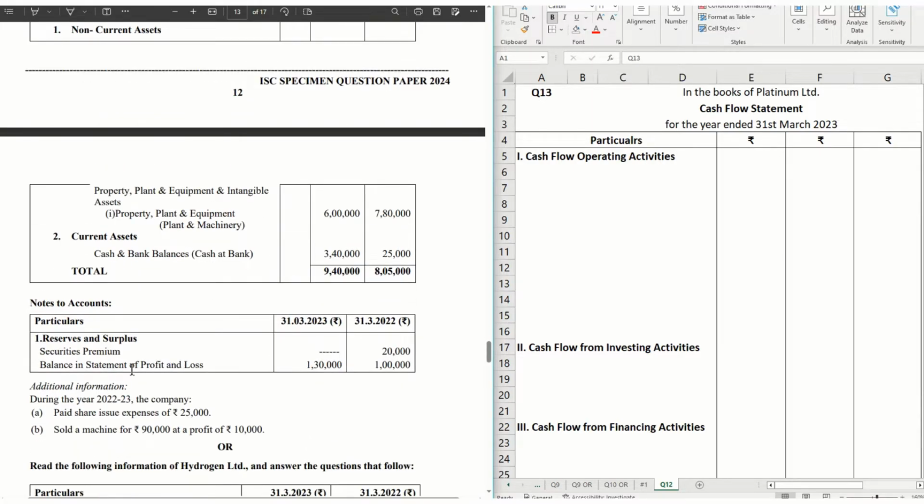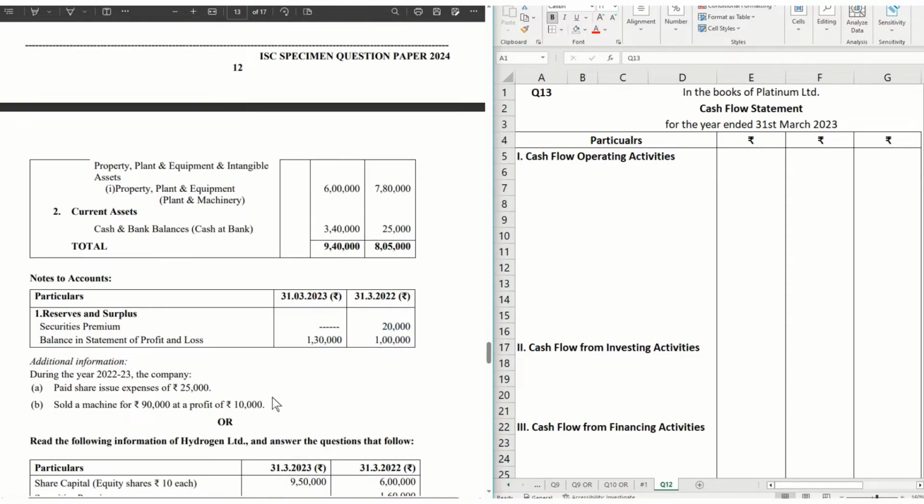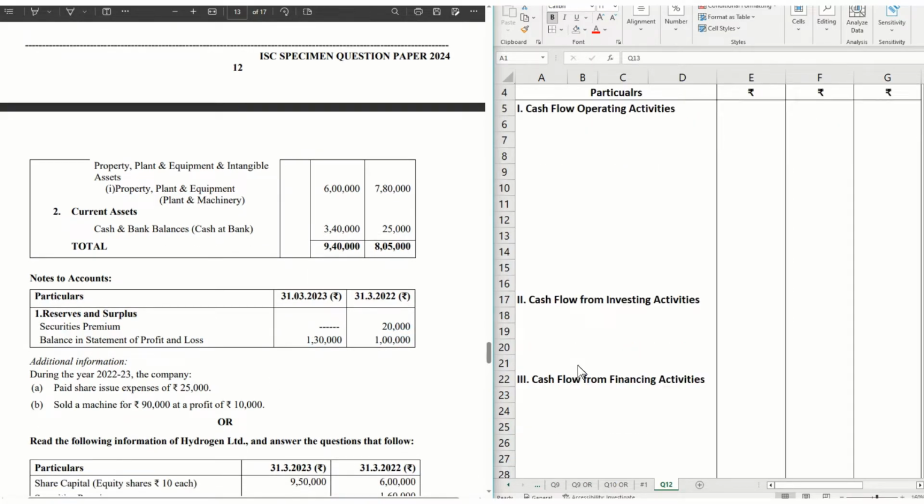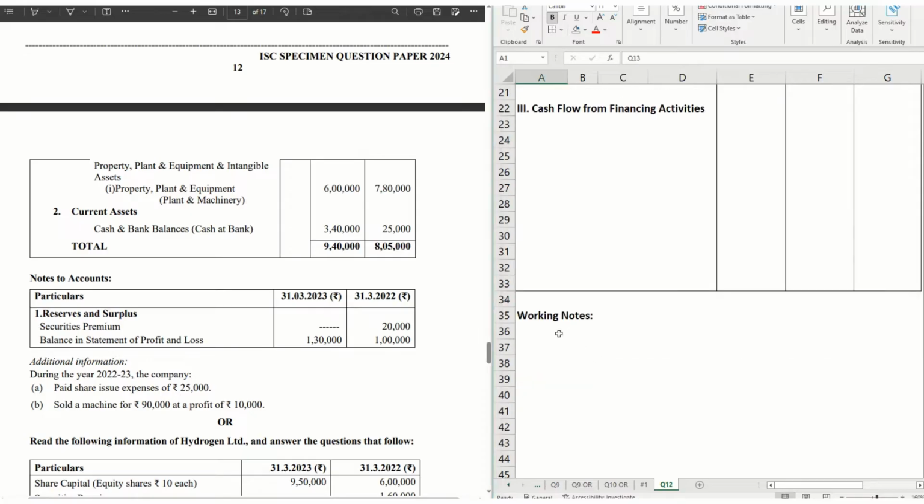And then we have balance in the statement of profit and loss. So we can see that there is a profit during the year, 30,000. So that comes as a part of calculation. So let's do calculation of net profit before tax. Net profit before tax.